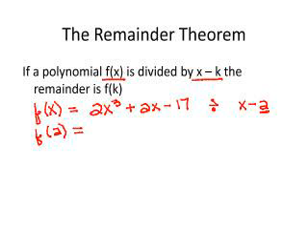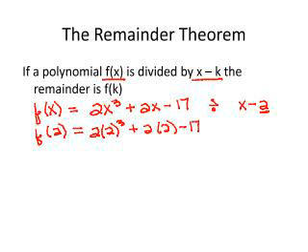Okay, well, let's see, what do they mean? F of 2. So if we have f of x is equal to this polynomial, f of 2 then, to figure out that value, we'd plug the 2 in for all the x's. So we'd have 2 times 2 cubed plus 2 times 2 minus 17.